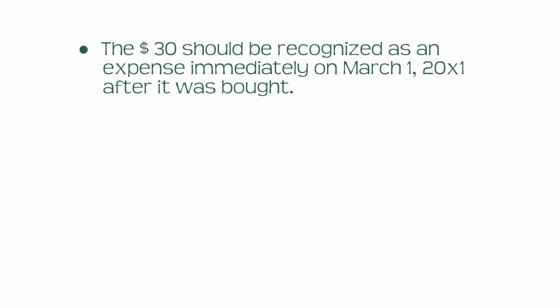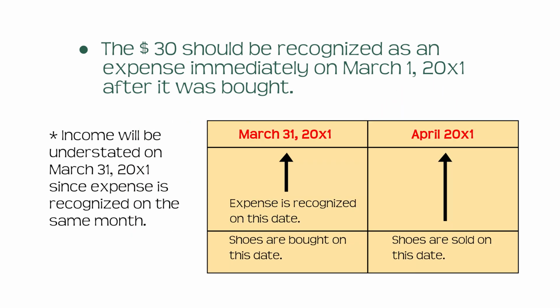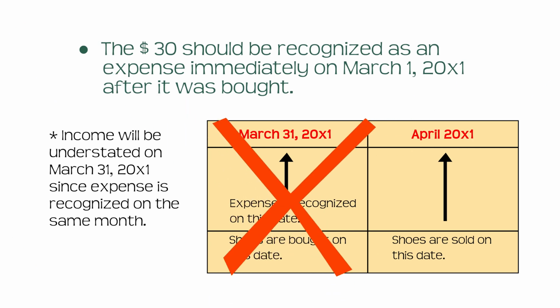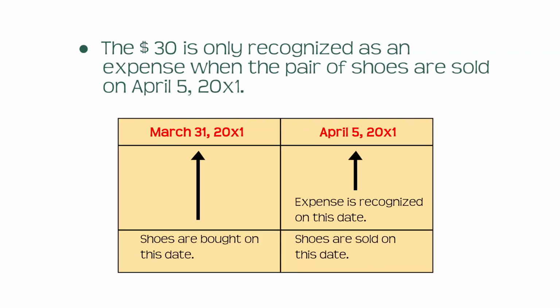If you recognize the expense on March 1, 20X1, the income on the interim financial statement ending March 31, 20X1 will be understated. The expense should be recognized only after the shoes were sold, and the related revenue is recognized on April 5, 20X1.